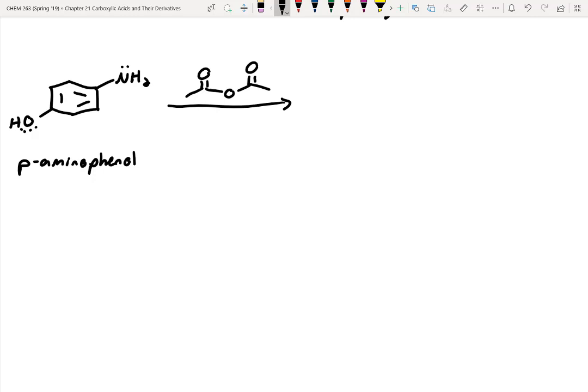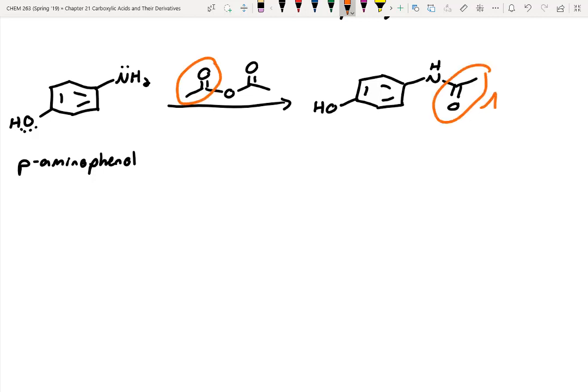So in this case, when we do this reaction, just like we saw before, we can do a nucleophilic acyl substitution where this chunk gets added on as our acyl group, this whole chunk gets lost as our leaving group, and we get to our final product. Another cool thing is this is Tylenol. So this is how they prepare Tylenol.